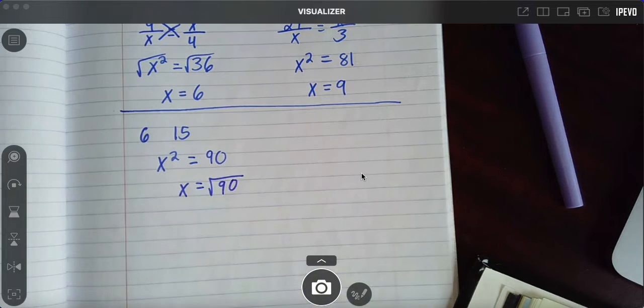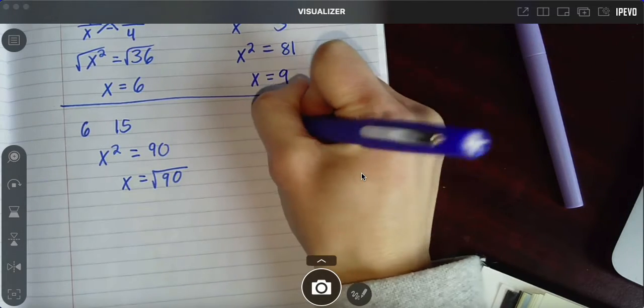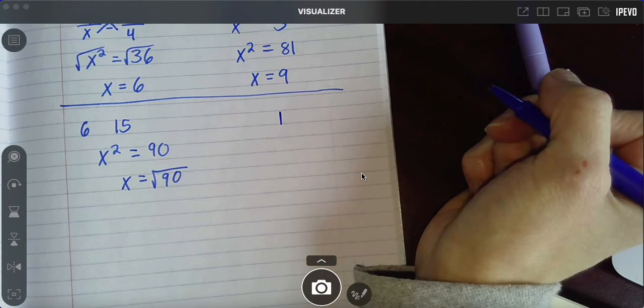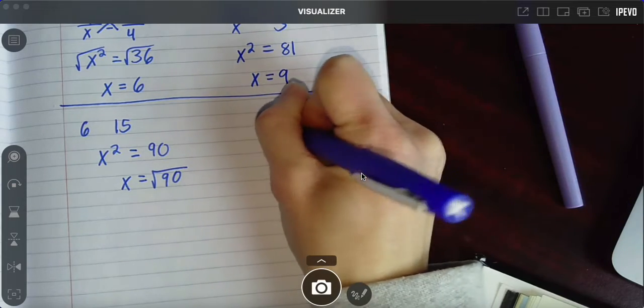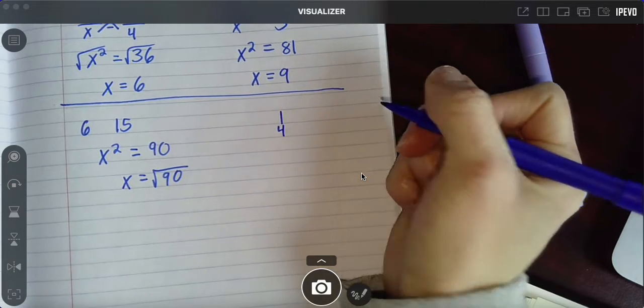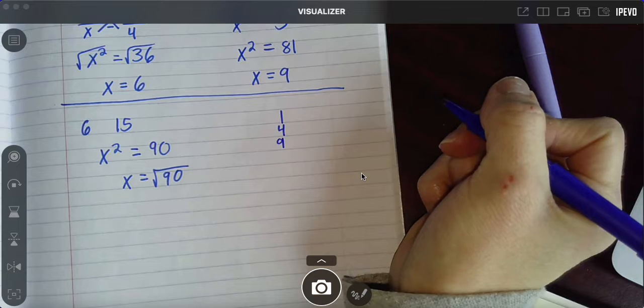Is that a perfect square? No. But this is something we need to go over. Is there a perfect square in that number? Okay, let's list some of the perfect squares. 1, because of 1 times 1. What's another one? 4, because of 2 times 2. What's another one? 9, because of 3 times 3.